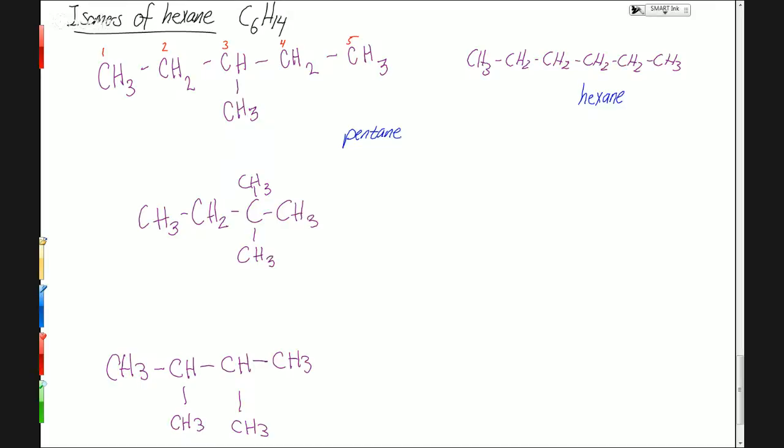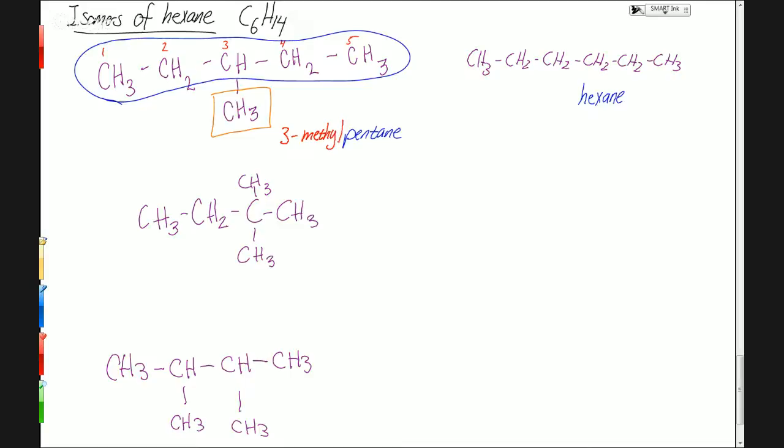So then our substituent is here. So there's our longest chain. Our substituent is there, and what kind of a substituent is that? That's methyl, and what carbon is it on? 3, so that's going to be 3-methylpentane.